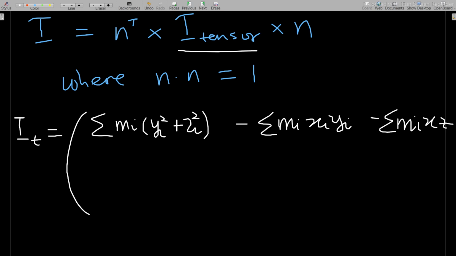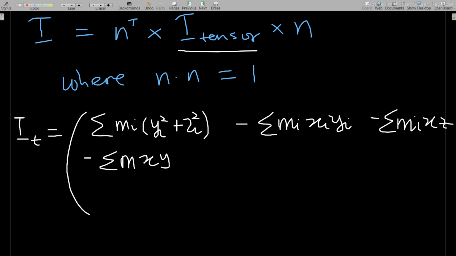Then here will be minus summation m x y. Multiplication is commutative, so xy is the same as yx. It was supposed to be y x, but let me write it like this.